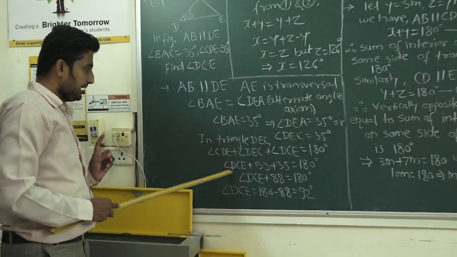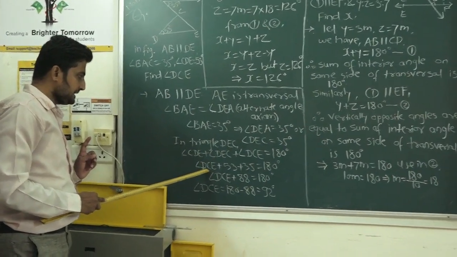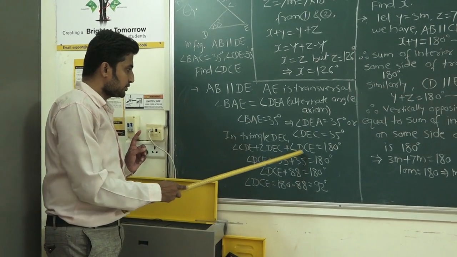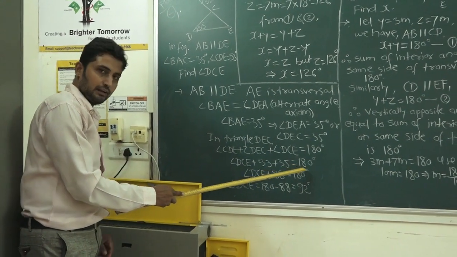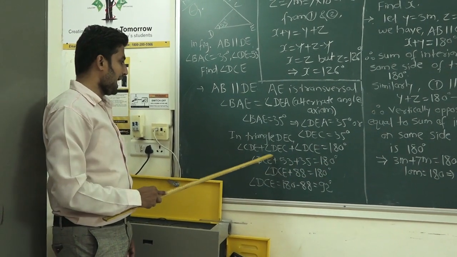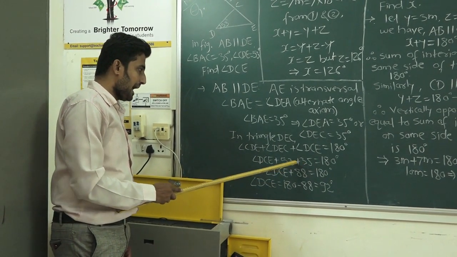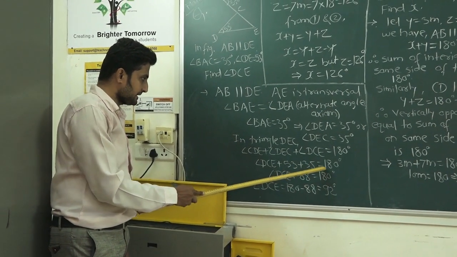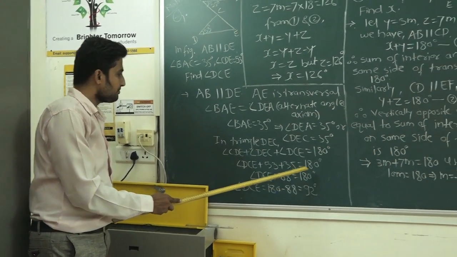Next, it is DCE plus 53 plus 35. These two angles are known to us, and we equate this to 180 degree. If we add them, it is equal to 88, and this is 180 degree.